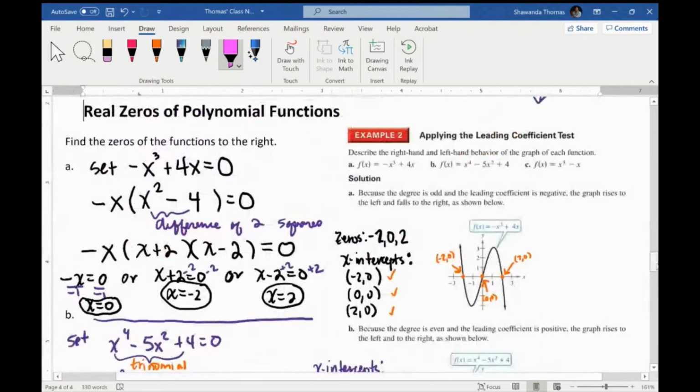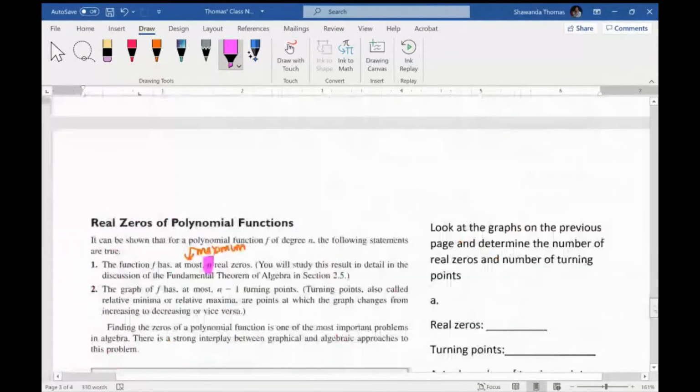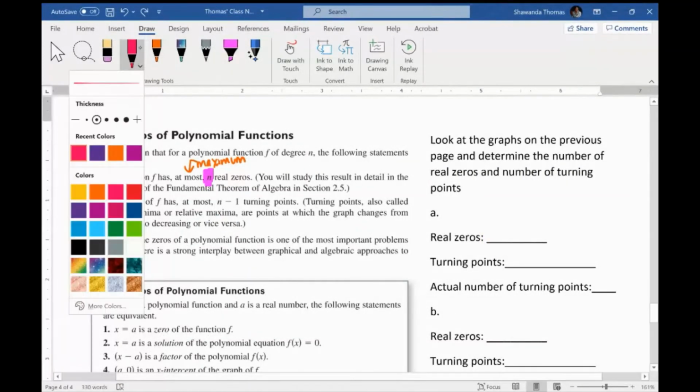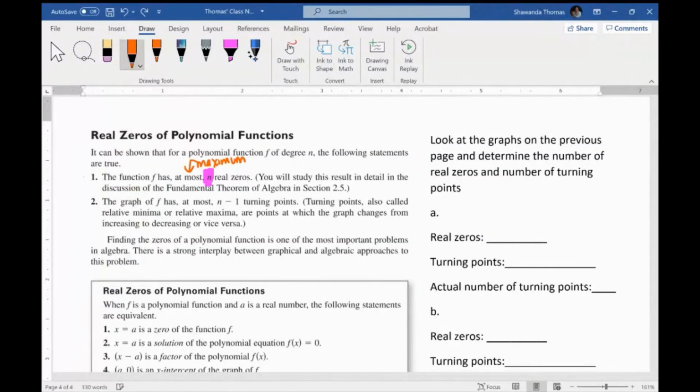So let's look at A. What's the degree of A? 3. So we have at most three real zeros. Let's put it over here: at most 3.